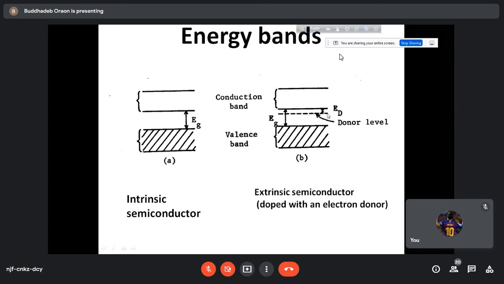Since now the energy gap is much less, the electrons have a much smaller energy band to cross to go to the conduction band, and that is why we get quite a large number of free electrons if we perform this doping.